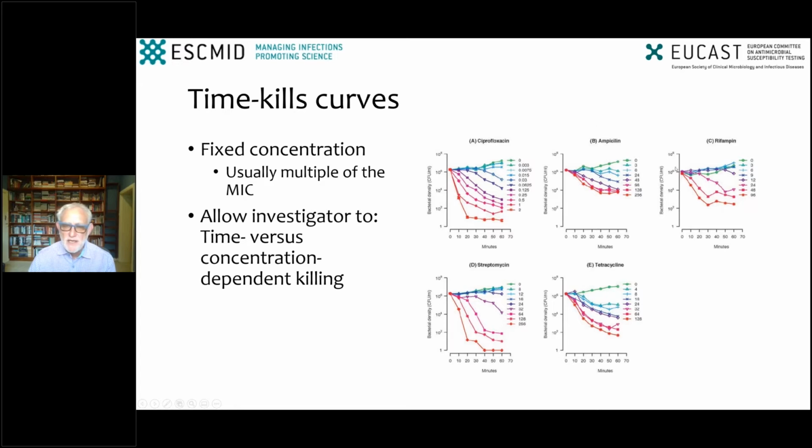So a time dependent drug in this setup is a drug like ampicillin, where you'll find that once you get to 2 to 4 times the MIC, no matter how much extra drug you add, you won't get any quicker or greater killing. By contrast, you can see the data here for ciprofloxacin, is that the higher the concentration, the more rapid and more profound the killing becomes.